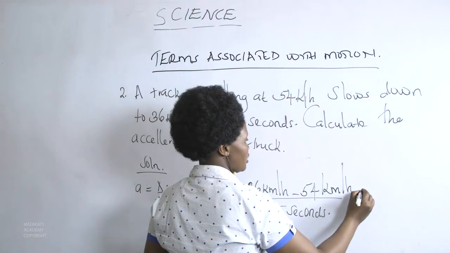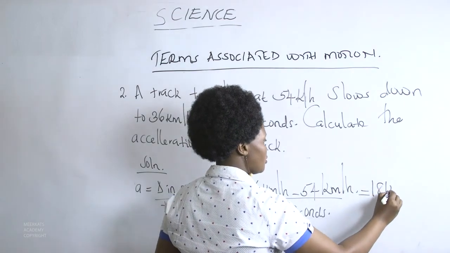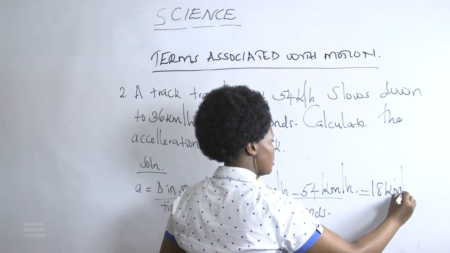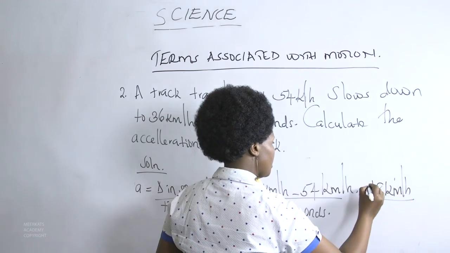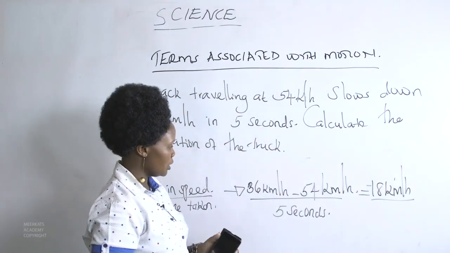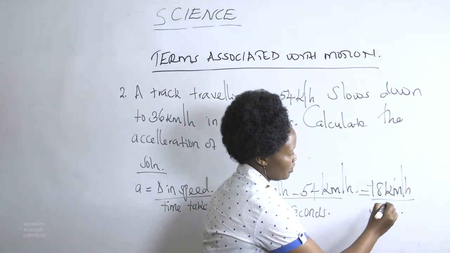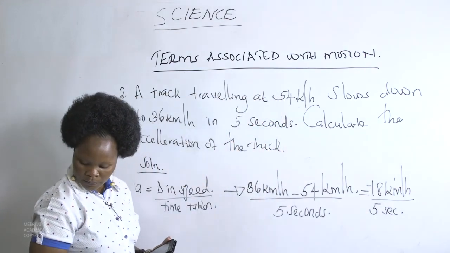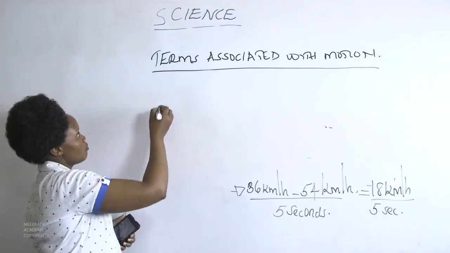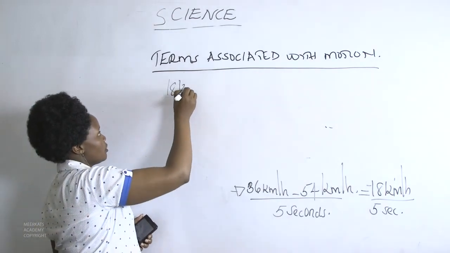This gives us 18 kilometers per hour, which is negative, and this one we divide by 5 seconds.